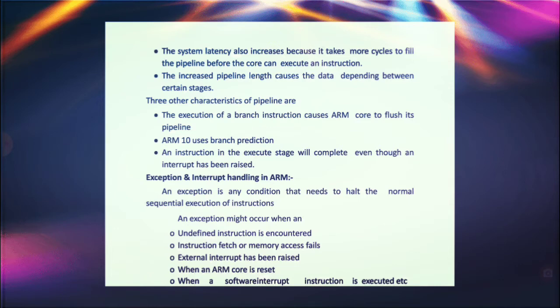Exception and interrupt handling in ARM. An exception is any condition that needs to halt the normal sequential execution of the instructions.